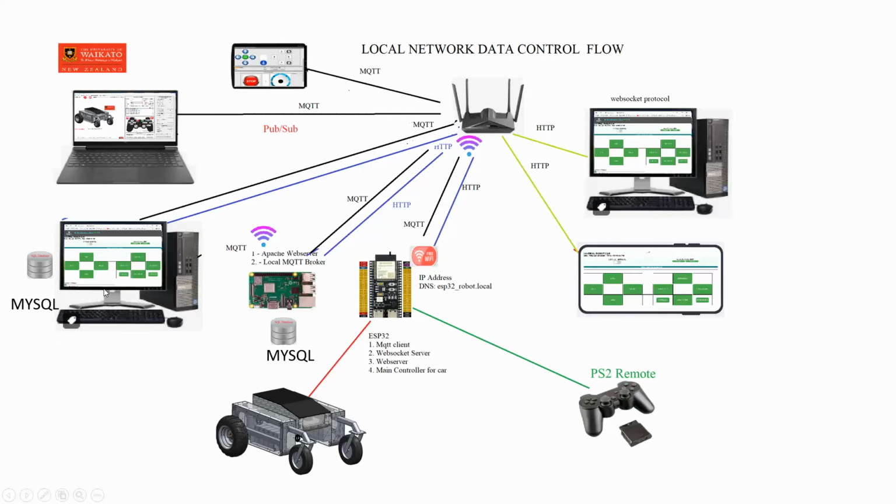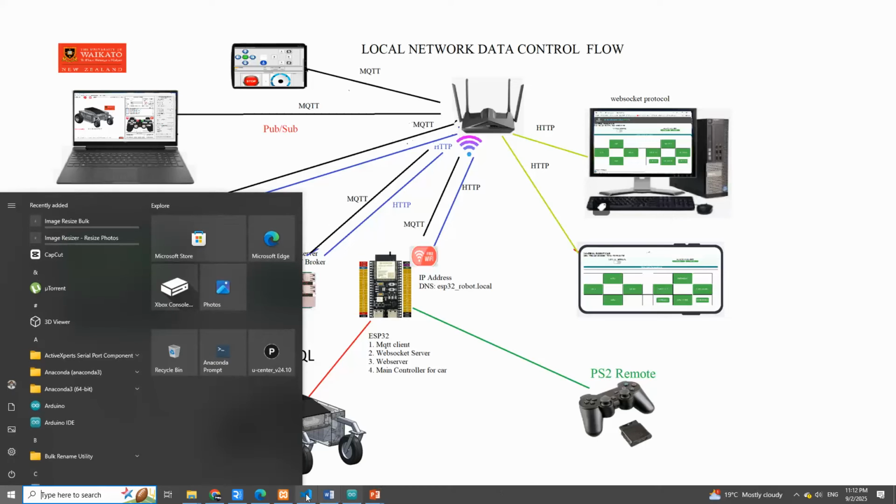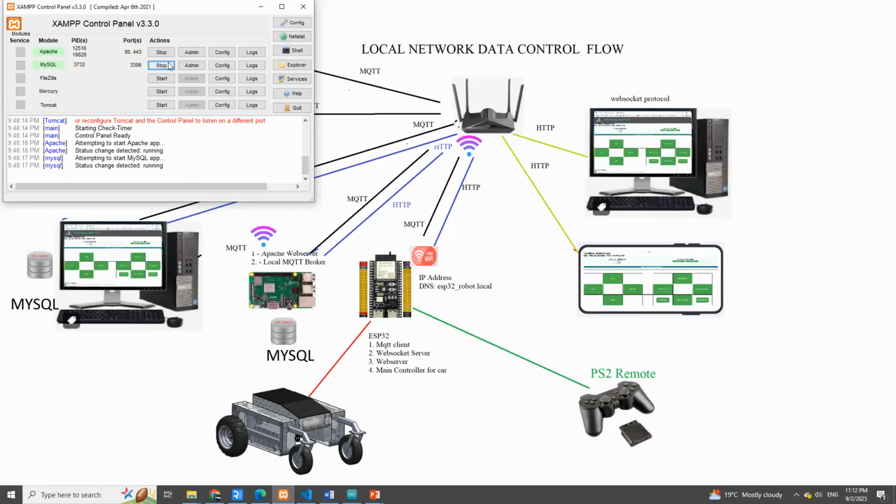At that time, I use my PC with an MQTT connection, or we can use the WebSocket protocol, and it would also store data in a local PC. It continues. With your Windows PC, you can run XAMPP, or on Linux, you can run this application to make your computer become a local web server.